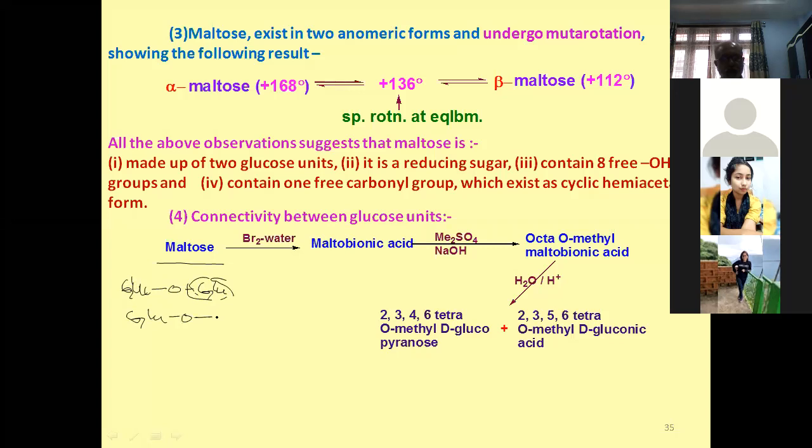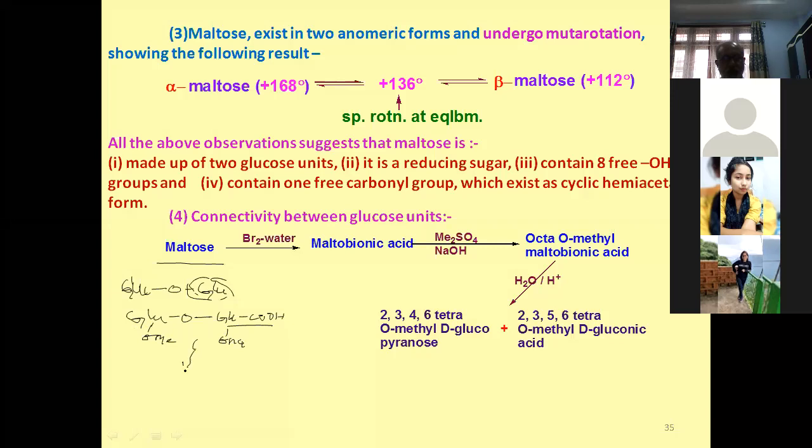So there will be an oxygen bridge here, and this gluconic part has an acidic group here, COOH. And this glucose will have many OH groups, which will be converted into O-methyl. Here also the glucose will have O-methyl. So there is a free COOH group.